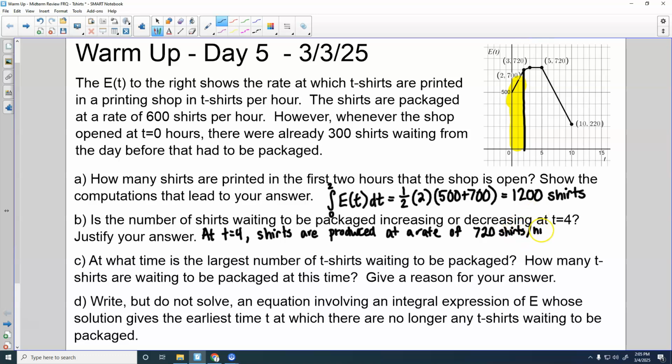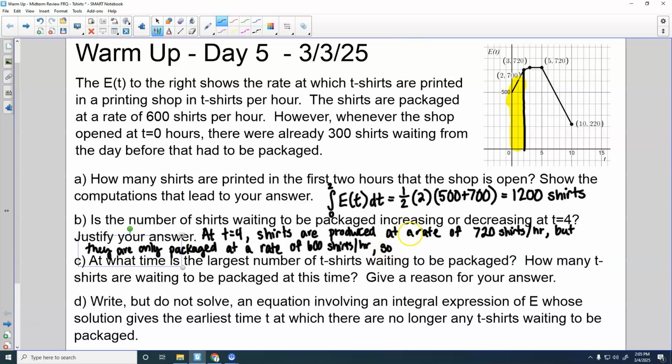But they are only packaged at a rate of 600 shirts per hour.